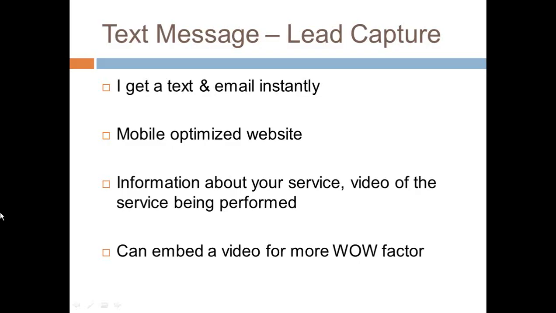And most texts get opened. As opposed to emails, only about 10% of emails are getting opened right now, because we get so inundated with so many. But over 90% of texts get opened. That's a pretty cool thing when you're trying to market or get your message out: if you can text it to somebody, they'll almost always open it up.